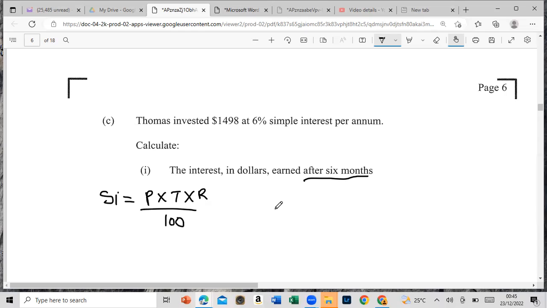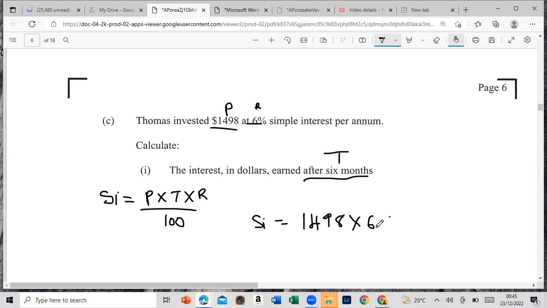All right, so he gave us the principal, he gave us the rate, and the time is actually 6 months. So the simple interest would be $1,498 multiplied by 6.